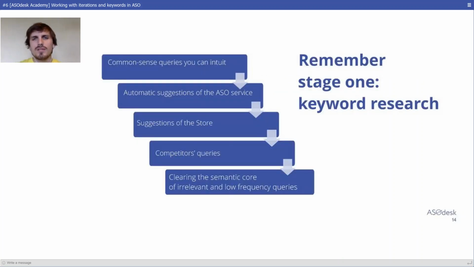Remember about the stages, the stage 1, when we are preparing the semantic core, that it is very important at this stage to clear our semantic core from the non-relevant keywords, because they will simply make our App Store optimization job harder later on, because we'll have a lot of distractors in the semantic core.